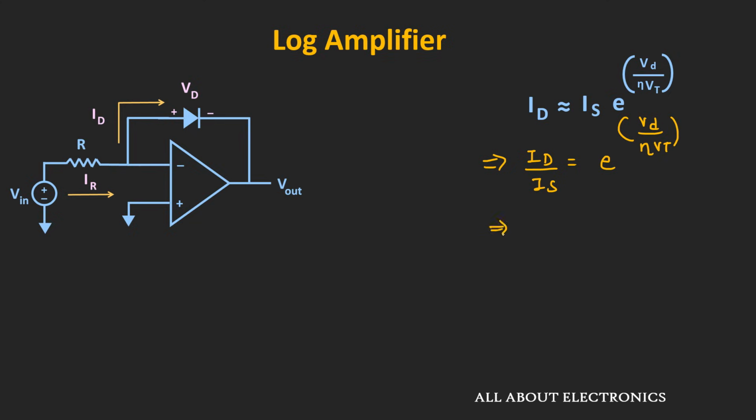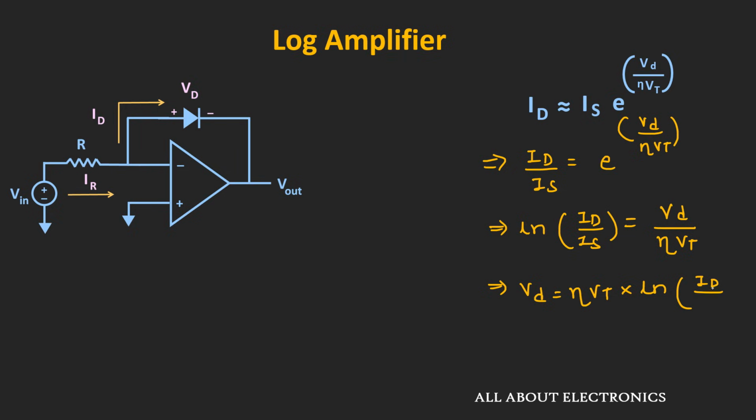Now if we take the natural log on both sides, then ln of ID divided by Is is equal to Vd divided by eta Vt. That means Vd will be equal to eta Vt times ln of ID divided by Is.